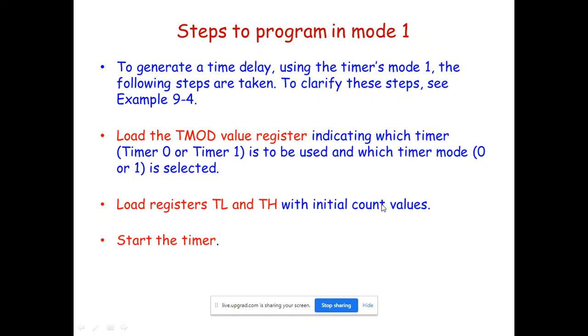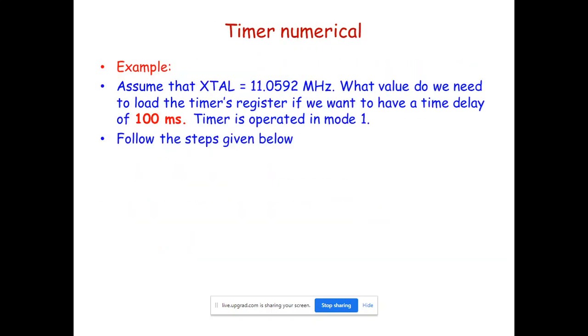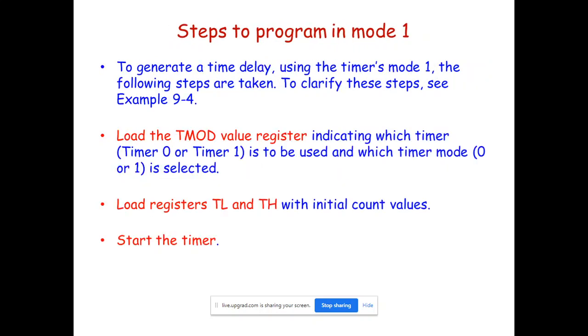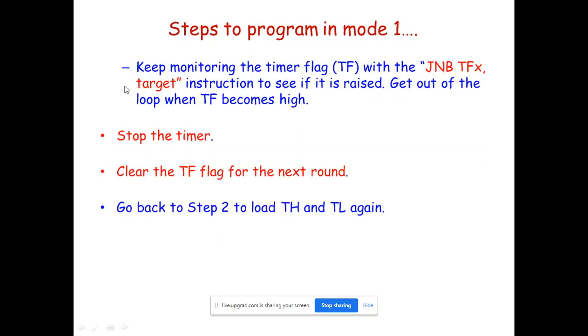We know the formula for calculating this initial value, so calculate that value and place it here. Then start the timer. Next, continuously monitor the flag bit to see whether the respective timer flag has overflowed. If it has overflowed, stop the timer, clear the flag, and remain in the loop again. Those are the basic steps related to the timer section.